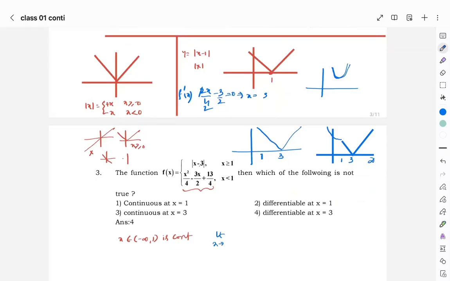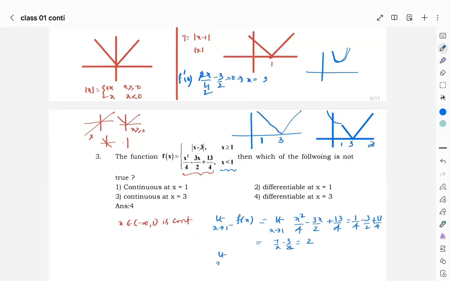Limit x tends to 1 minus f of x. It is related to the parabola. So here you have 1 by 4 minus 3 by 2 plus 13 by 4, which is 14 by 4, that is 7 by 2 minus 3 by 2, which is 4 by 2, that is 2.